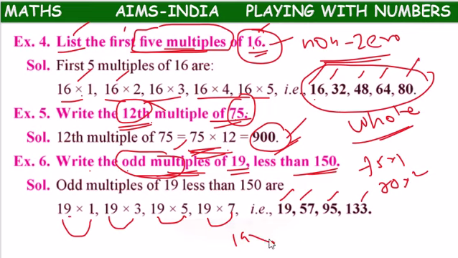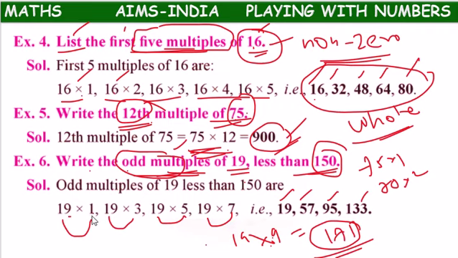If we do 19 into 9, 9 nines are 81, plus 9 is 90, so 171. This will be greater than 150, but they are asking us to write less than 150. So 19, 57, 95, 133. These 4 we can write.